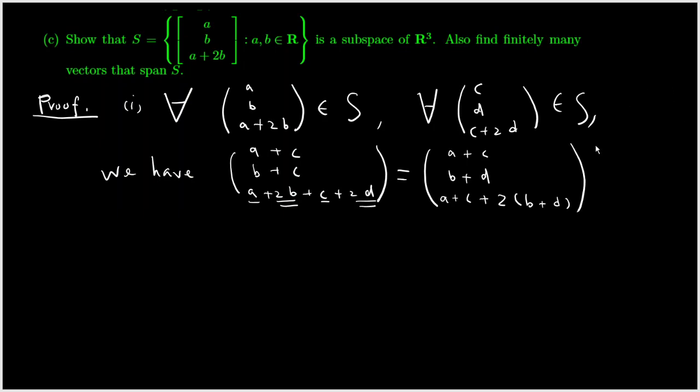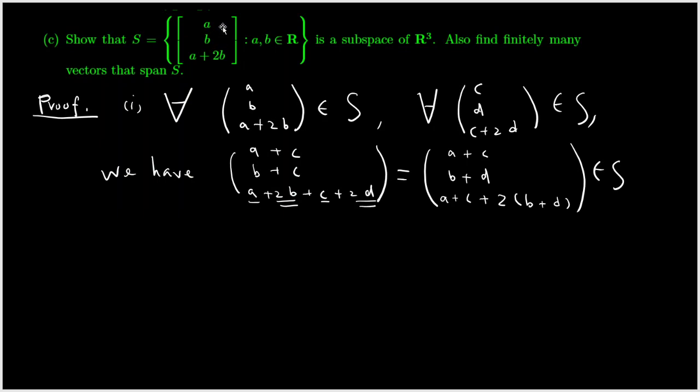Now look at the mouse cursor. For the vector on the right hand side, the third component now is the first component plus 2 times the second component. That's how you say it's a vector in S. Again, the vectors in S are characterized by the following property.